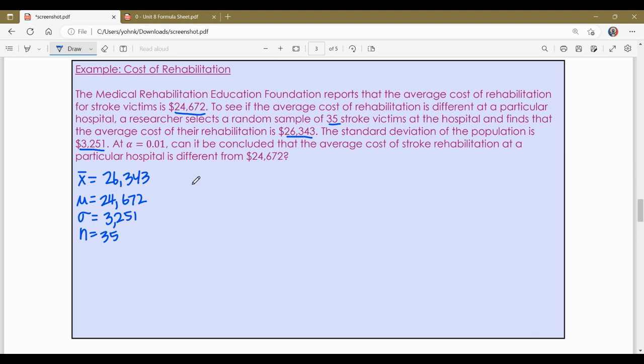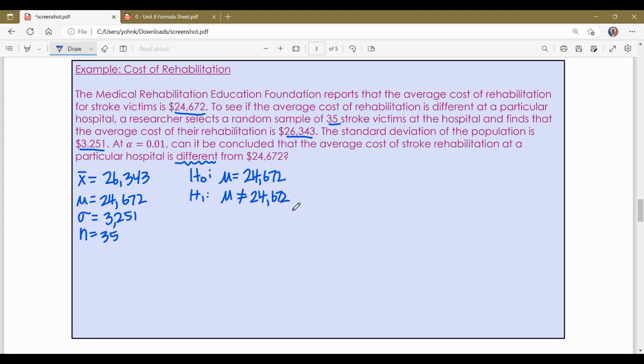Step 1, write your hypotheses. So our null and our alternative hypotheses. We are using mu, so we have mu equals and mu not equal. Our null is mu equals 24,672. Our alternative hypothesis, well, they're trying to see if it's different from, so that means not equal to.